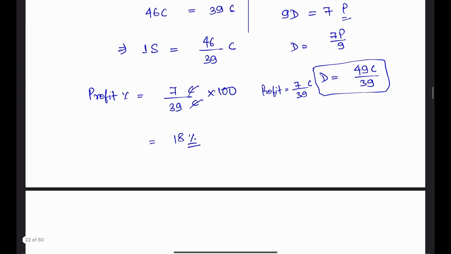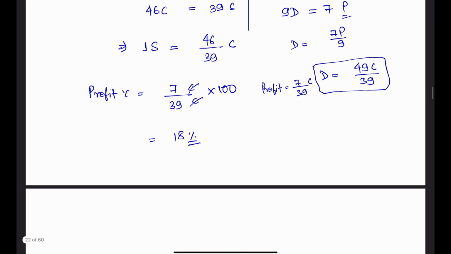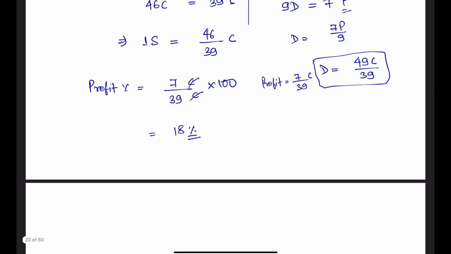So once I find out my discount, discount is done on the markup price, right? Discount is done on the markup price. So if my discount is this, I'm selling as 1S. My selling price of 1 is this much, and discount of 1 is this much. 46, 49.